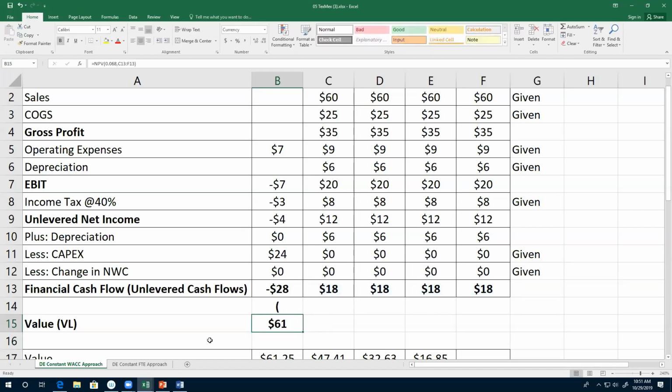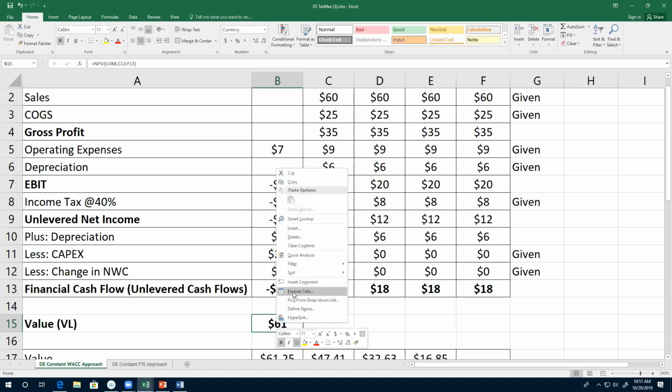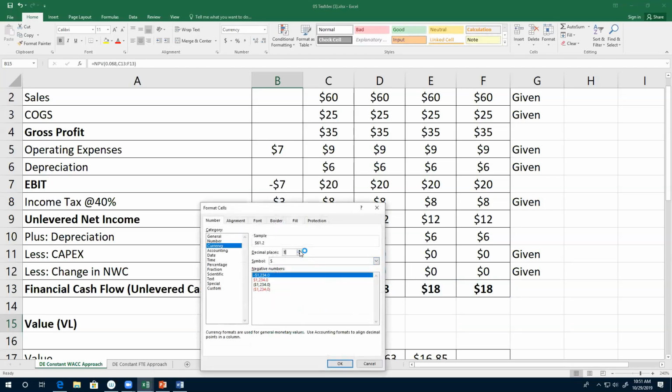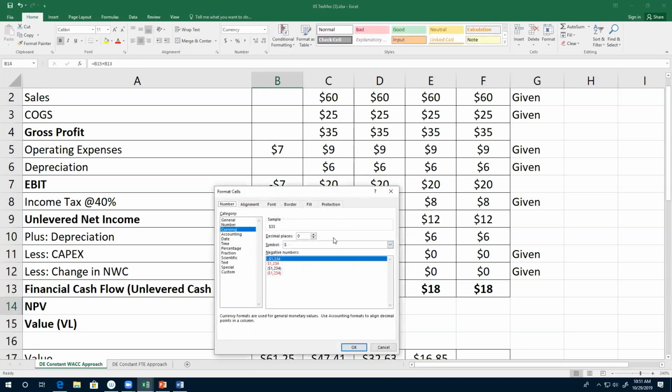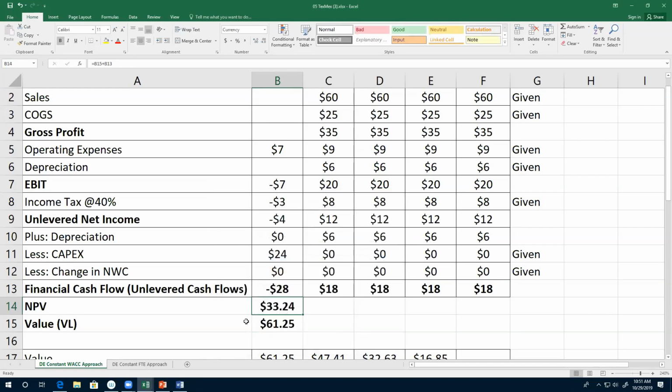This is 61.25 to 2 decimal places. And if you calculate the net present value, naturally this will be the 61.25, but then you add the initial investment of 28. Again, I'll format this to say that this is 33.24.